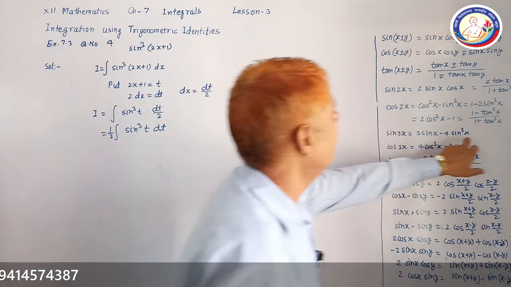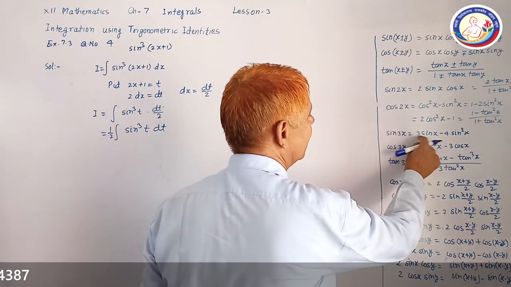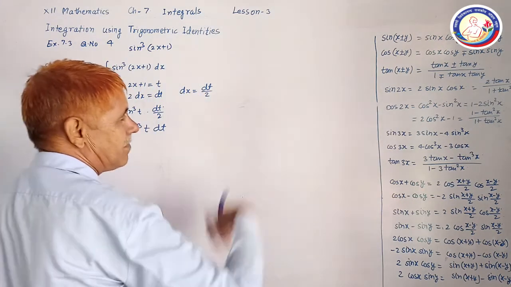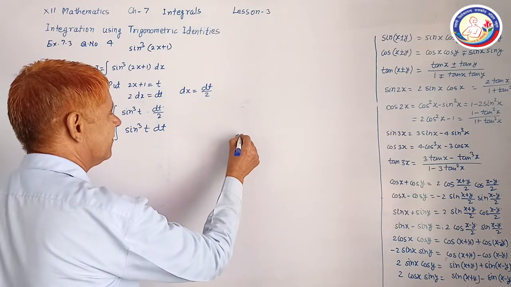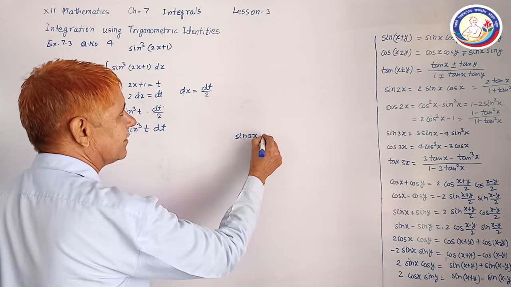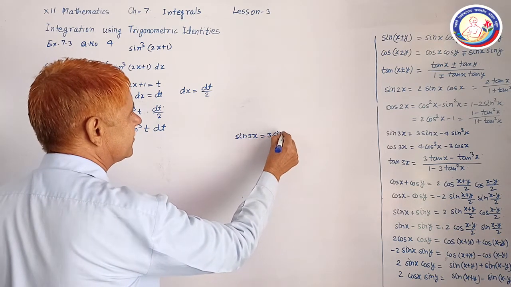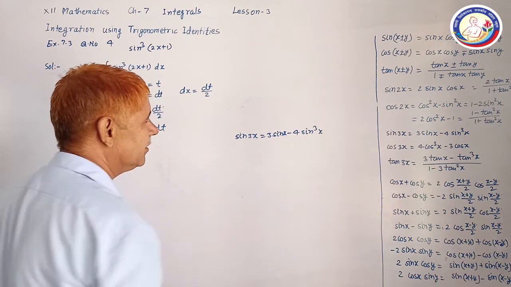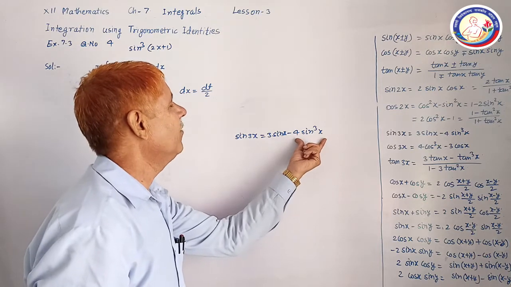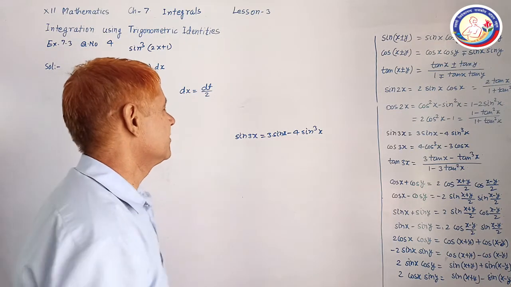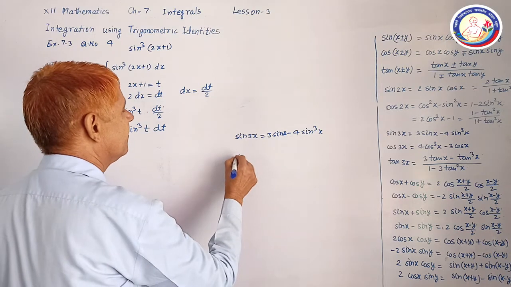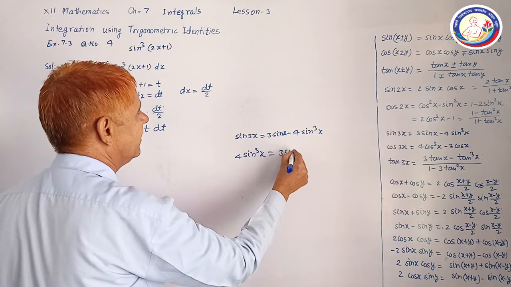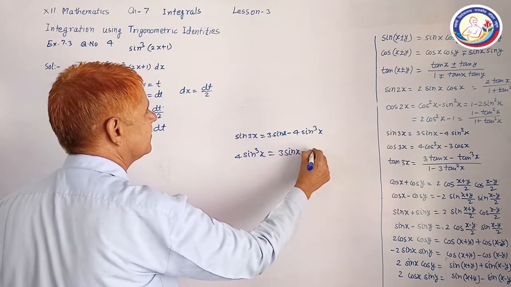See this formula: sine 3x equal to thrice sine x minus 4 sine cube x. I am writing it and changing its form. Using this formula, we will find the value of sine cube x. This will be 4 sine cube x equal to thrice sine x minus sine 3x.